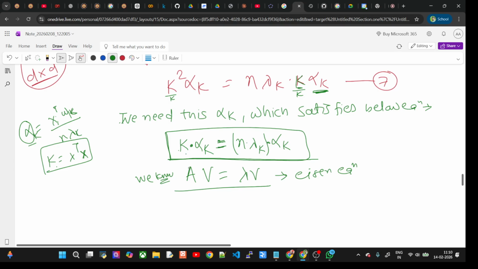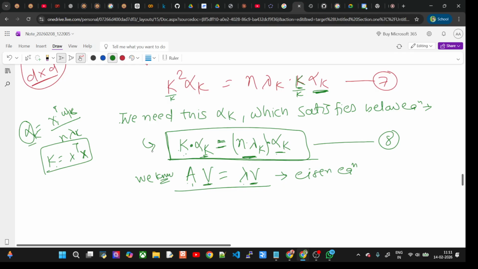So you can see the lambda here, and this lambda is also here, lambda k, so this is also some kind of eigen equation, correct?